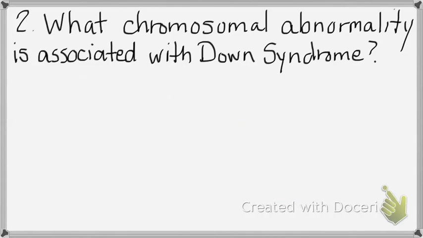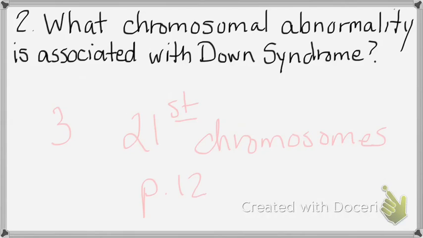Okay, number 2. What chromosomal abnormality is associated with Down syndrome? Chromosomally, what's the problem? There's 3 what? 3 21st chromosomes. If you want a reference on Down syndrome, page 122 has a reference on that.